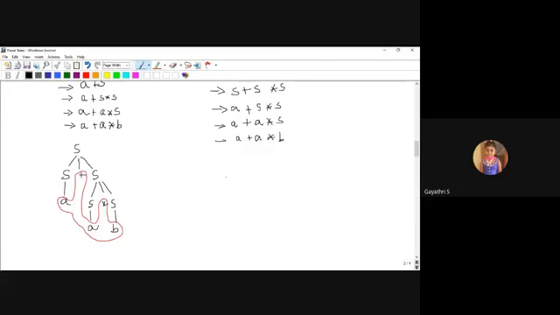Okay, this is one more way of deriving using the same leftmost derivation. So I will draw one more parse tree for the same leftmost derivation. Yes, this is replaced by S multiplying with S. This S, which is leftmost, is replaced by S plus S. Okay, this S is replaced by A, and this S is also replaced by A, and this S is replaced by B. Okay, see the yield: A plus A multiplication with B. See here, for the same string.